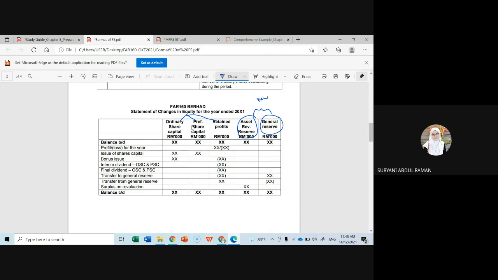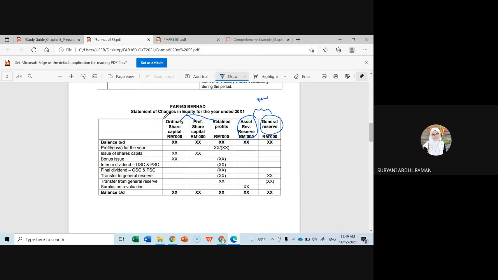When you go to part 3, if your lecturer asks you what are the components of equity, you should be able to explain all these components, because you already learned them in the earlier chapter 2, and now you are going to learn other accounts under equity.